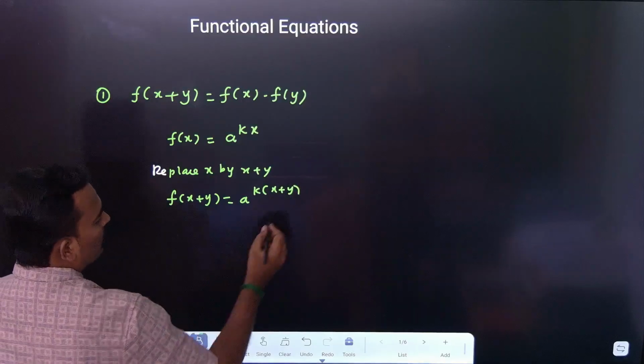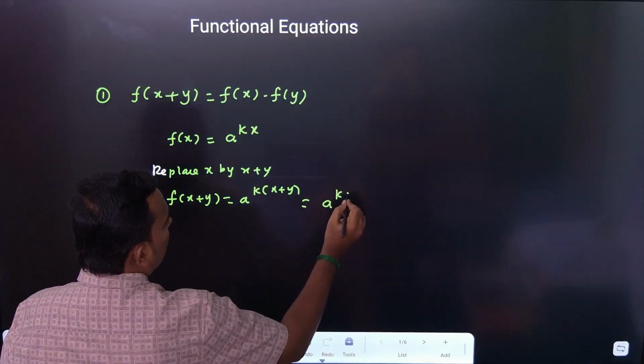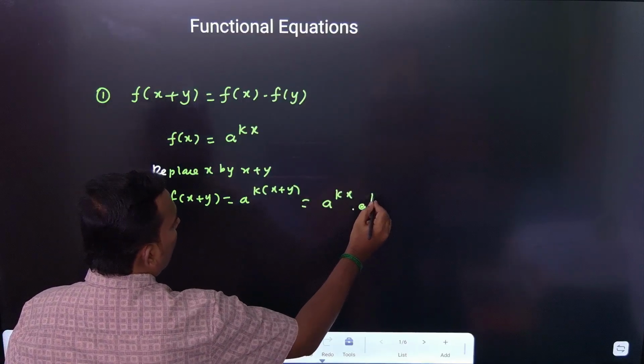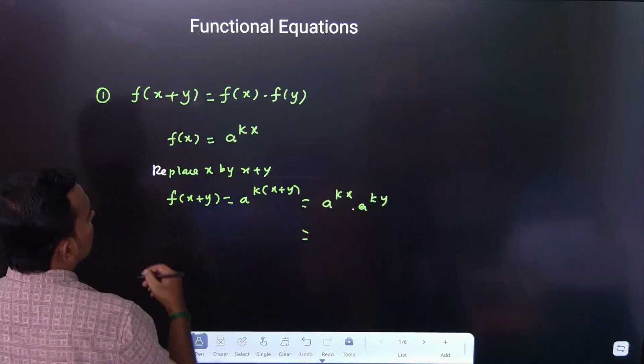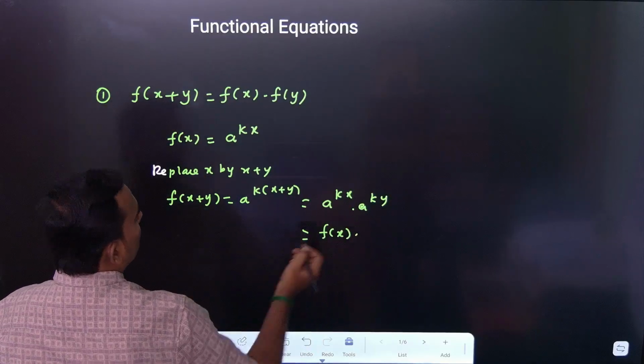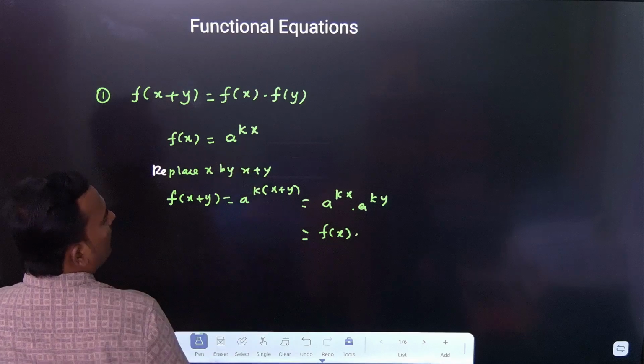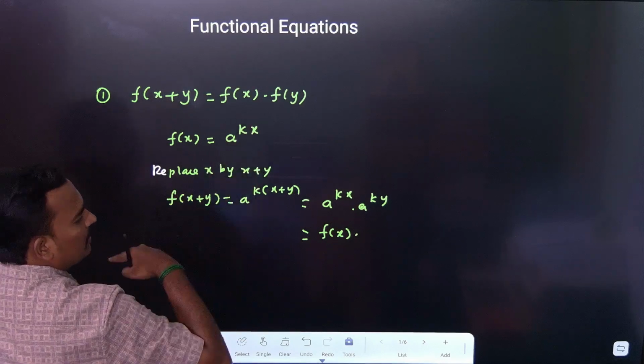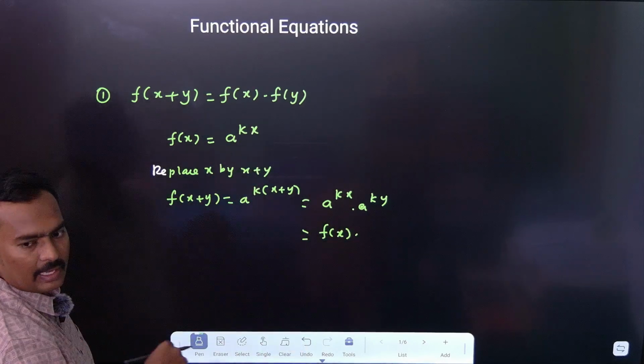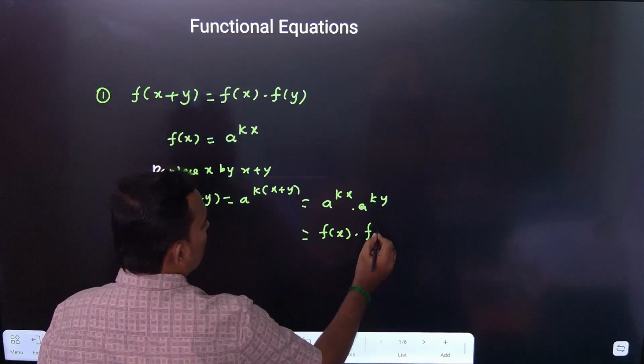Then how to split this? a power kx into a power ky we can write. What is a power kx? f of x. And a power ky means f of y, right?